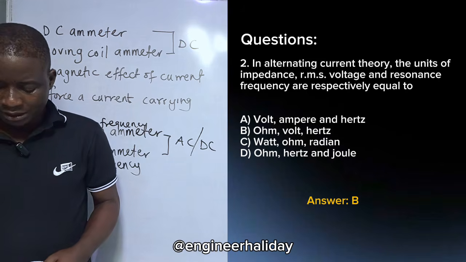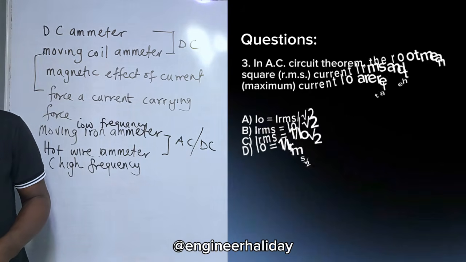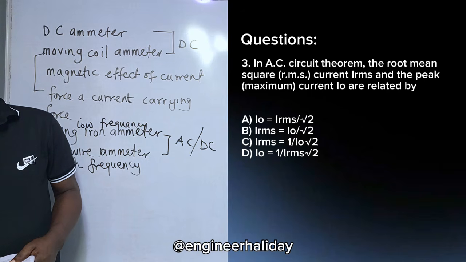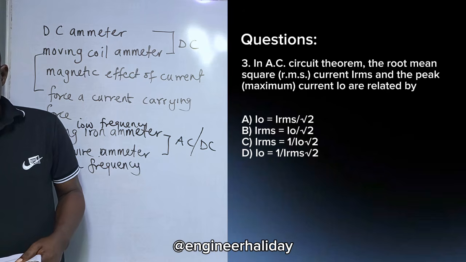Number 3, it says in AC circuit theorem, the root mean square current, IRMS, and the peak current, which is the maximum current I naught, are related by dash.